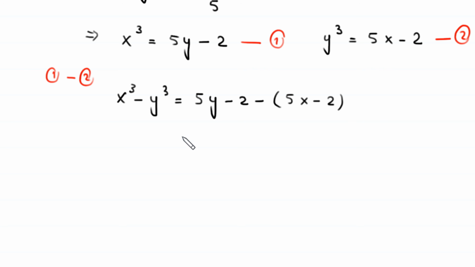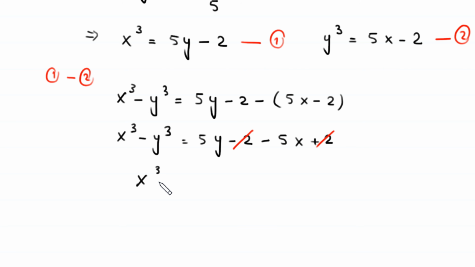Remove this bracket, this will become x cubed minus y cubed equal to 5 times y minus 2 minus 5 times x plus 2. And this positive 2 will be cancelled with this negative 2. We are left with x cubed minus y cubed equal to 5 times y minus 5 times x.